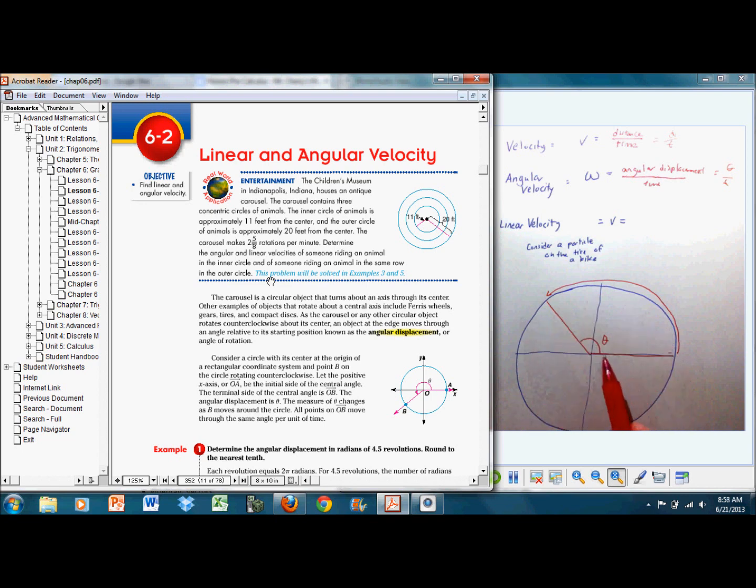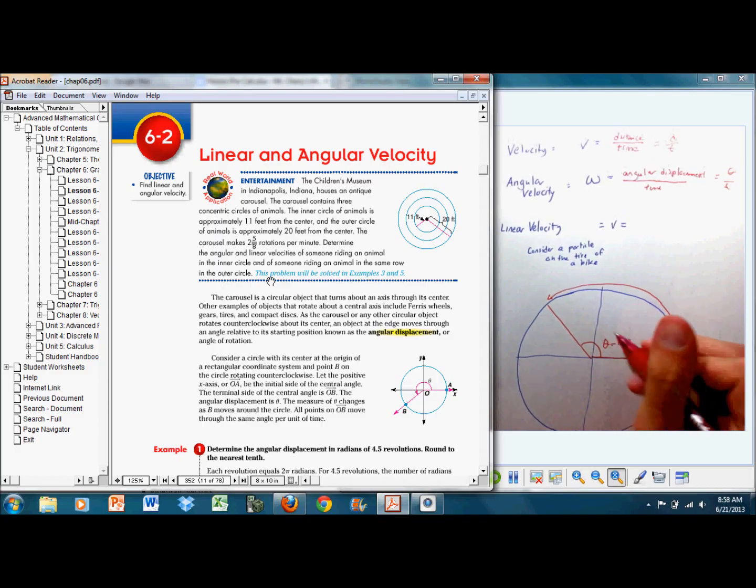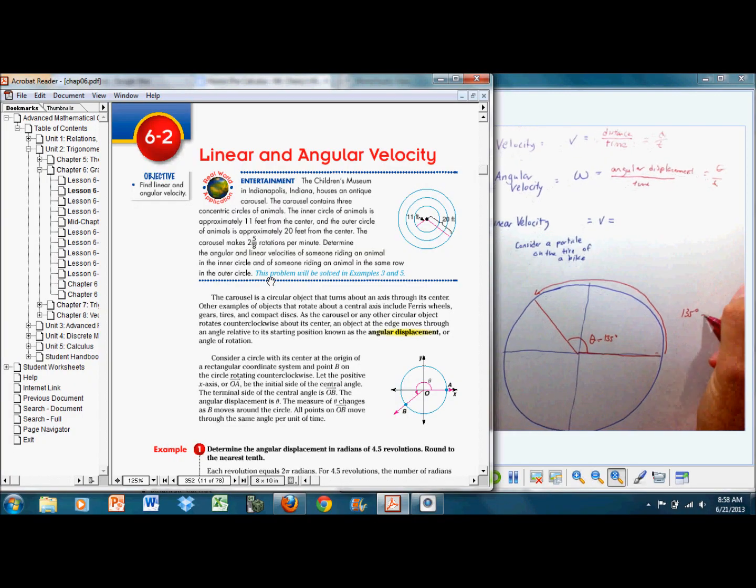So let's say it traveled 135 degrees in 1 second. Its angular velocity would be, actually, we have to convert 135 into radians.